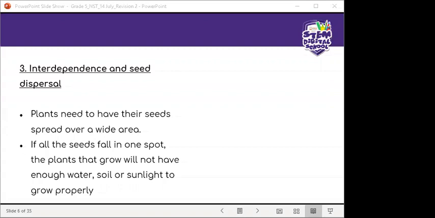All right, so anyone else who can tell me how seeds can be dispersed over a wide area?